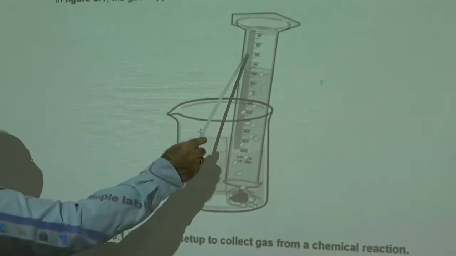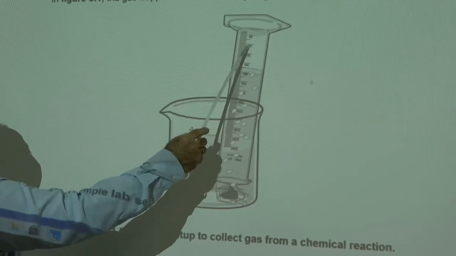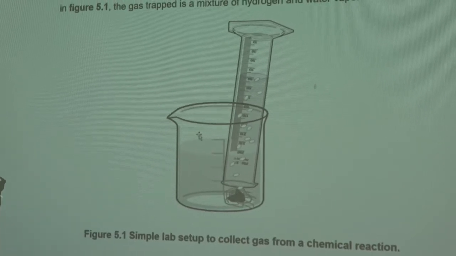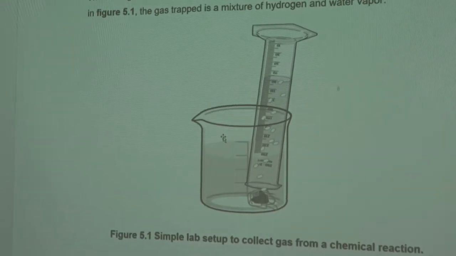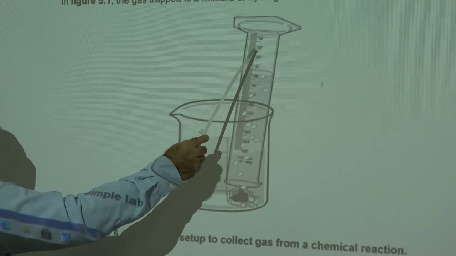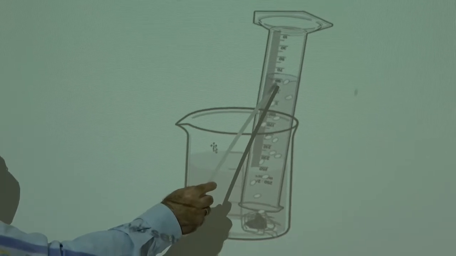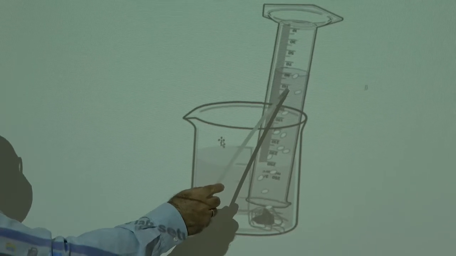And this here is the space where the hydrogen is going to be contained. In this space, we have hydrogen gas, but at the same time, we have vapor from the water below.